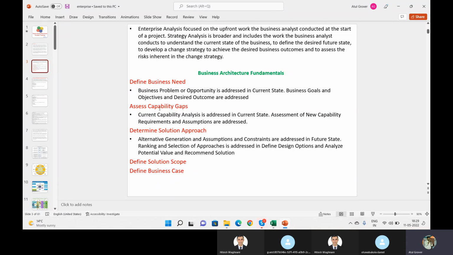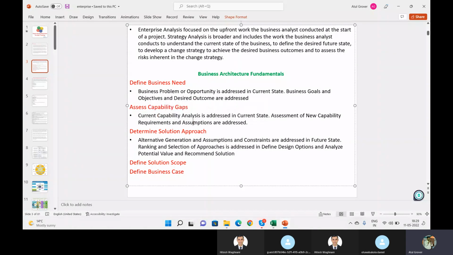I get one client. Now, if this batch gets successful, she will forward my link to a number of clients. My deal, my work done. So I need to assess the capability gap, the current capability and current state, and what you can bring in as the new capability. But in this, if you see, there are two words: the requirement and the assumptions.